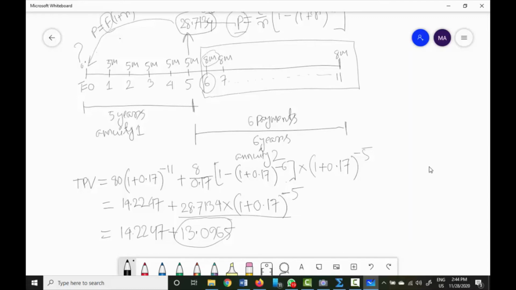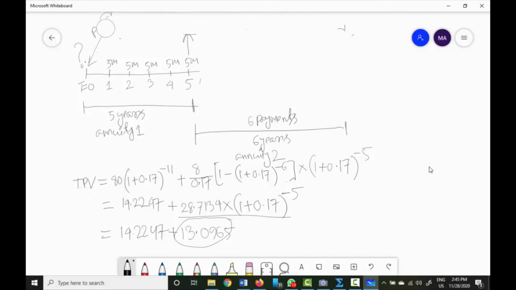This is the final value of this cash flow at period 0. So we are done with annuity 2, and we can now ignore it. We have already brought all the values of these future cash flows to period 0.